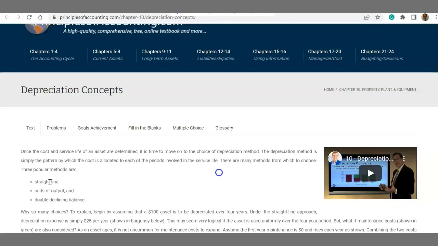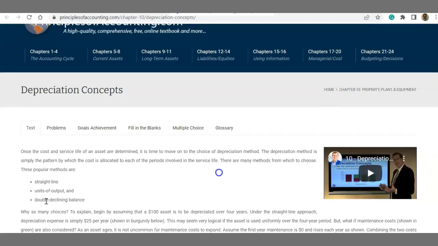Straight line method is also used for tax purposes, tax accounting. It is an option available under tax rules. Under tax rules, there is also one which is very common: double declining balance method under MACRS, the modified accelerated cost recovery system.